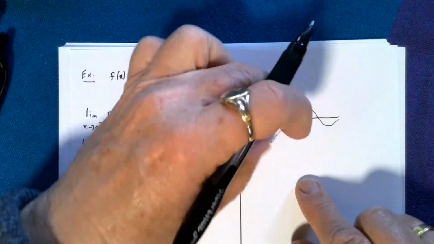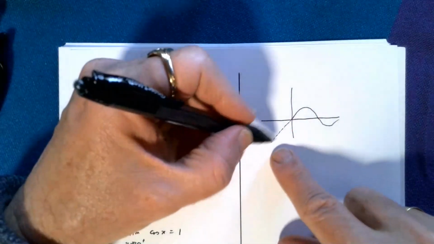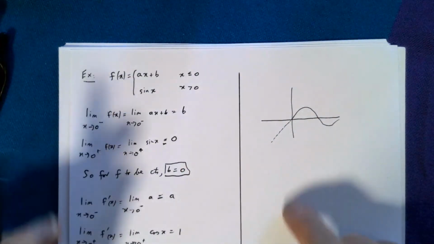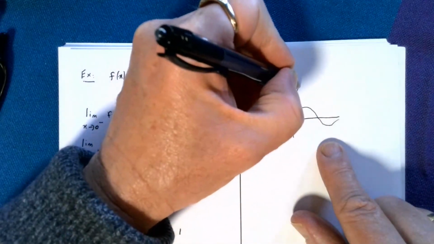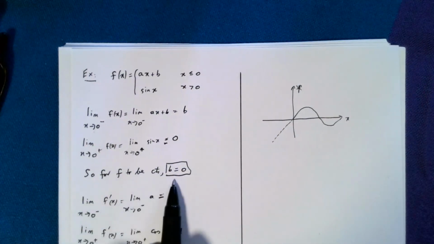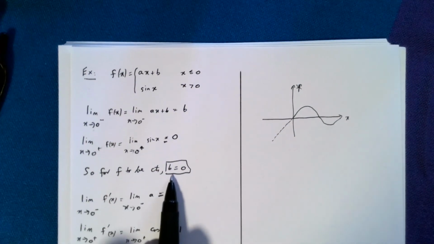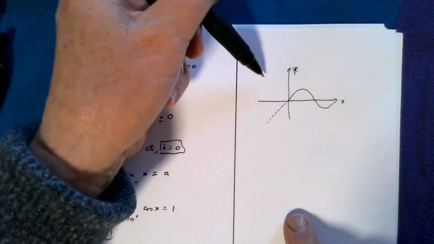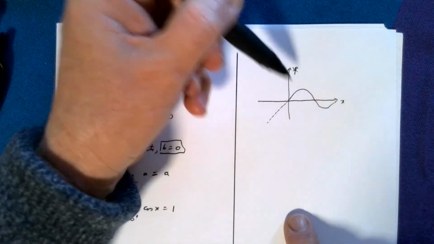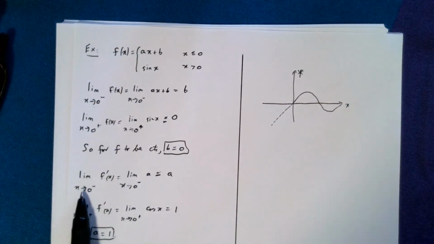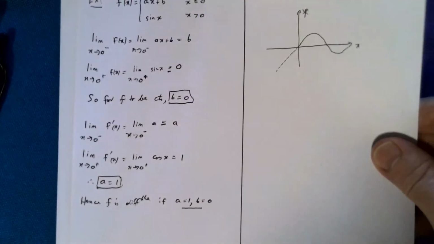But depending on what the gradient of this line is, it glues together smoothly or not. So that's my f, there's x. Okay, so we know b has to be 0 in order for it to be continuous. Now if b is 0, it could be like this, of course. The line could come in like that, and you see it's going to be a sharp corner, and so we don't want that. We want to choose a now to make it go together smoothly.